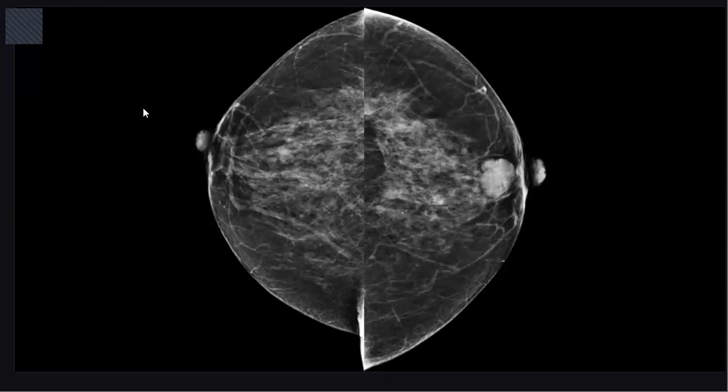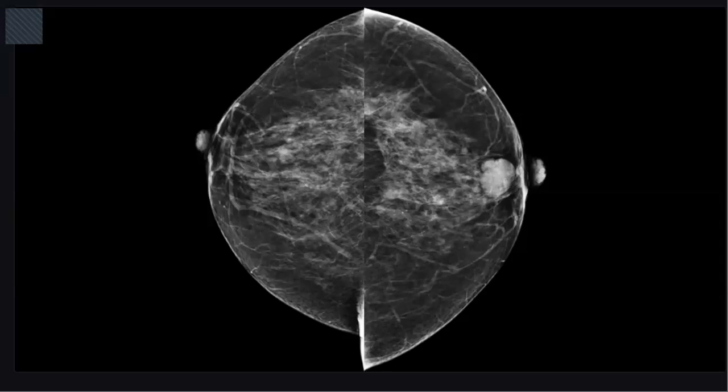The other lesion seen at the deeper area looks ill-defined in this image, and there is minimal spiculation of this lesion. It is for me suspicious for a subtle malignant lesion.